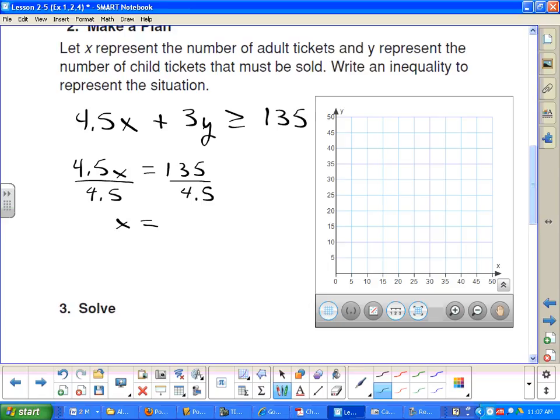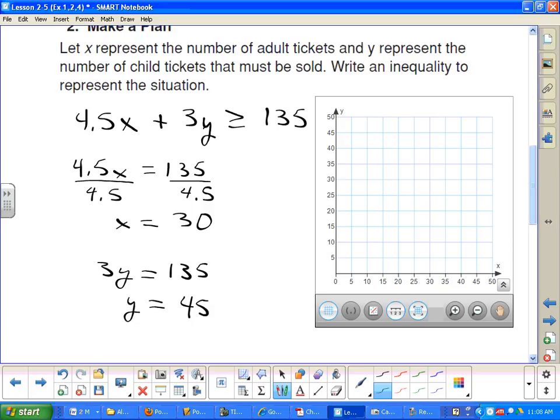You got 30? Okay, it's not 12. All right, and then the y-intercept. So 3y equals 135. So y is equal to 45, right? Okay.